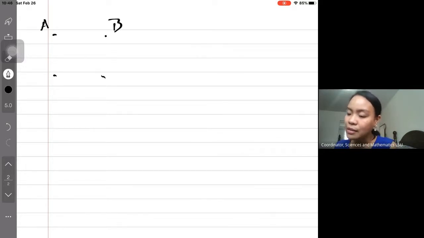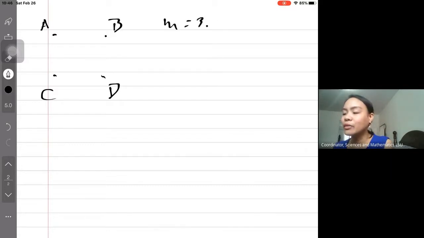Let us first have our illustration. We are given four point masses, so let's draw them this way: this is mass A, this is mass B, this is C, and this is D. Each of the masses is 3 kilograms, so they have the same mass.